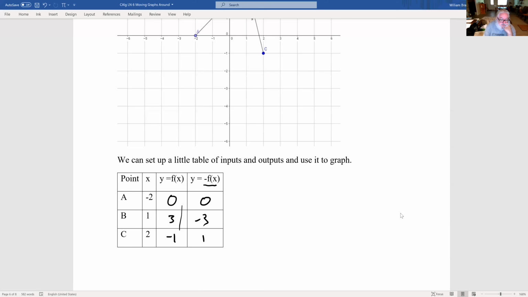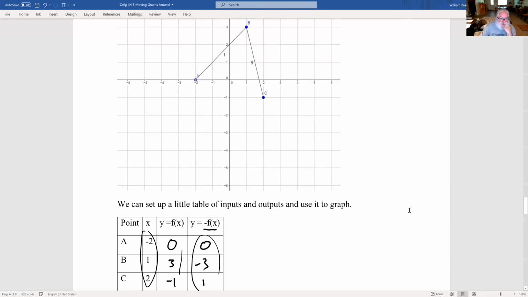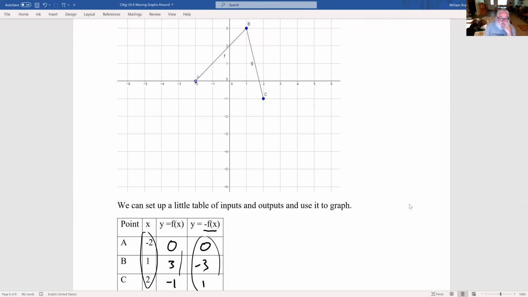So we're just changing the signs on the y's. So we plot these x coordinates with these y coordinates. A stays the same, B just flips, it's got a y value now of -3, and C has a y value of 1. So there's our new point B prime, C prime, and A prime, and there's our graph.